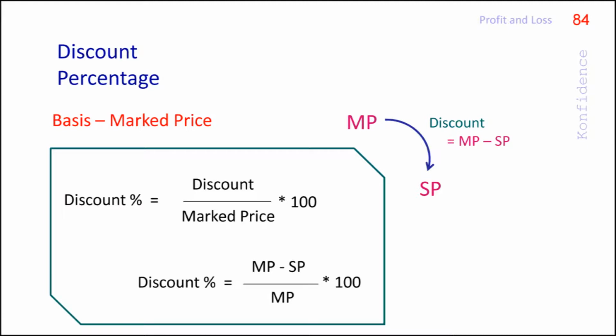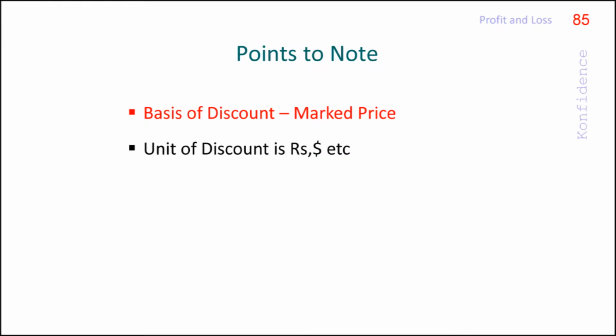So, discount percent equals (MP minus SP) divided by MP into 100, or (1 minus SP divided by MP) into 100. The unit of discount will be currency like rupee, dollar, etc. And there is no unit for percentage discount.